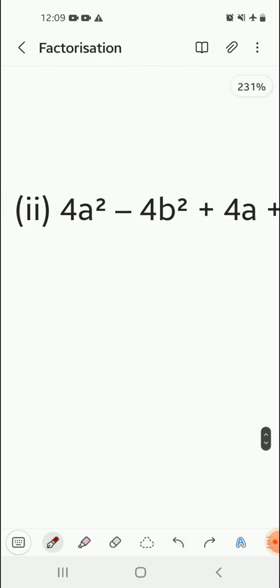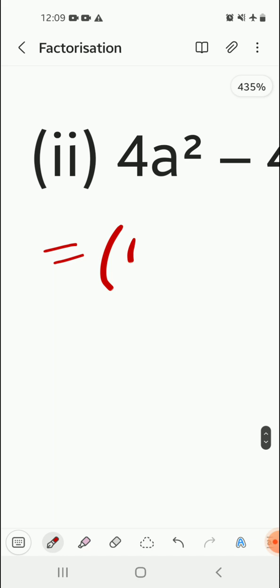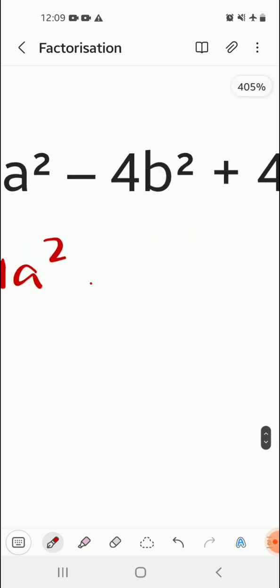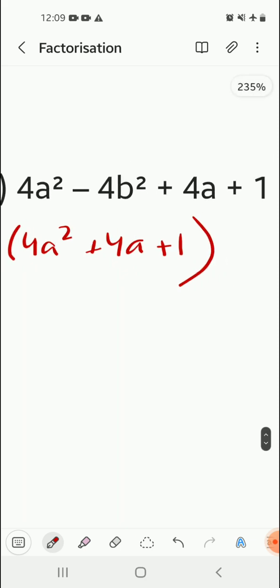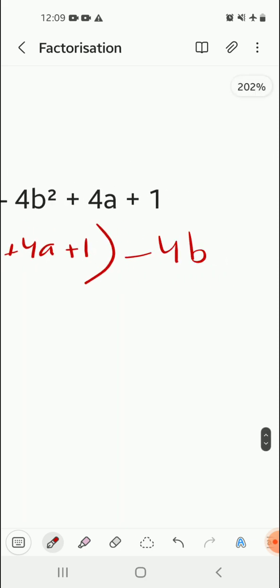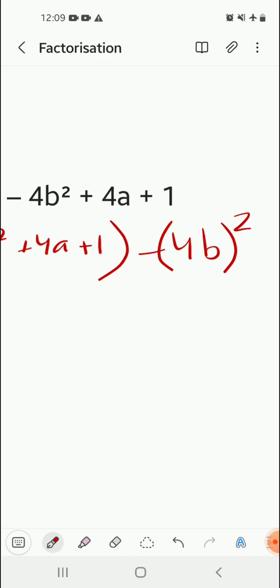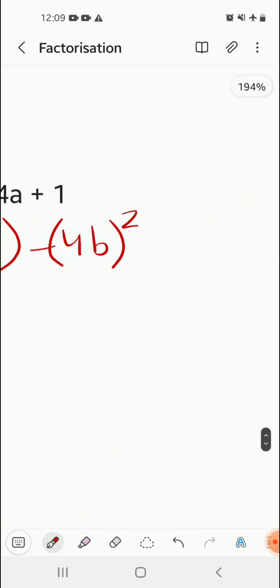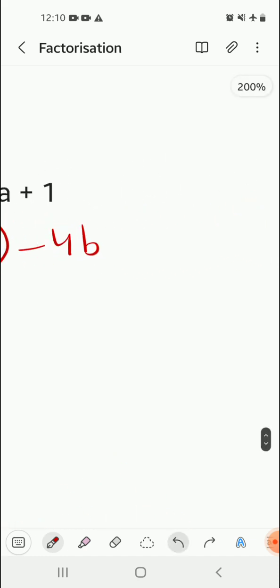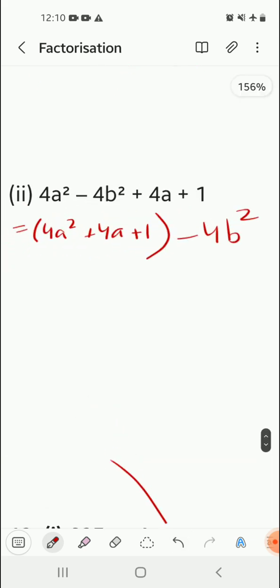4a square minus 4b square plus 4a plus 1. Rearrange it. 4a square, then you write 4a plus 1, so that we get a formula from here, minus 4b square. We're not going to write it within brackets, we're going to write it in the next step.